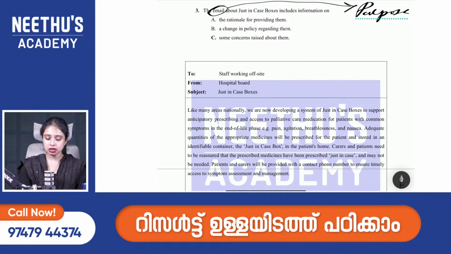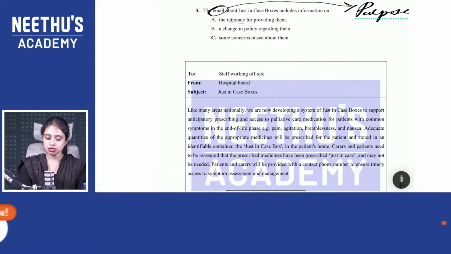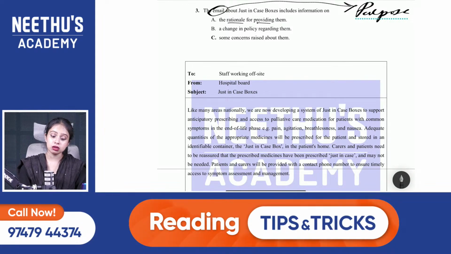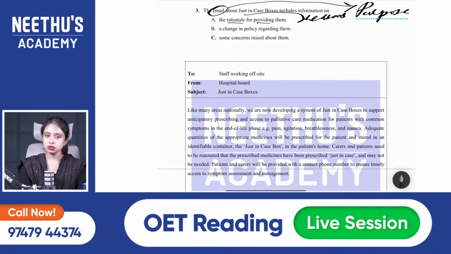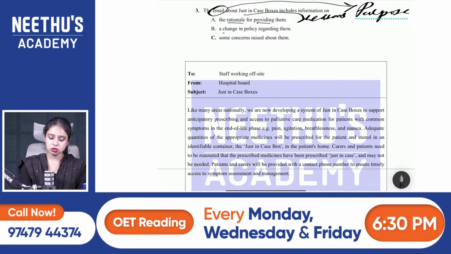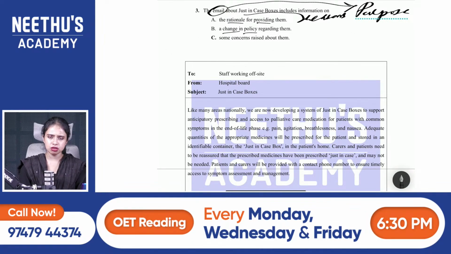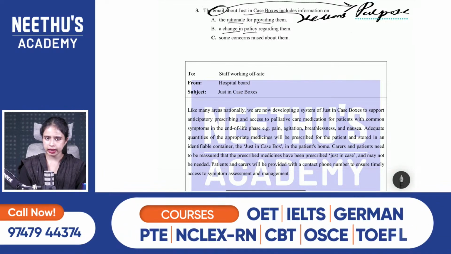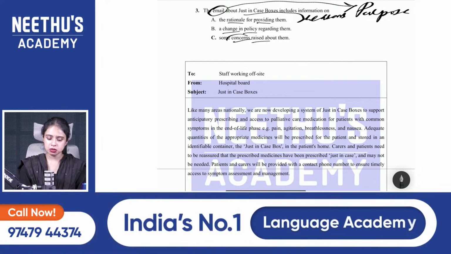Option A, the rationale for providing them. Rationale means the reasons. Option B, a change in policy regarding them. Policy means a rule or a regulation. Option C, some concerns raised about them. Concerns means some worries or problems raised about them.